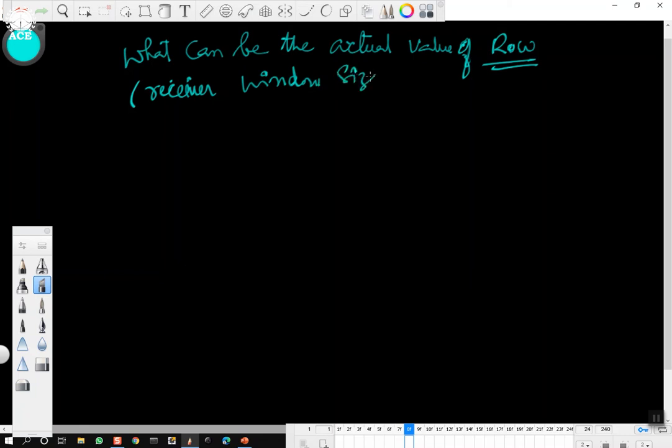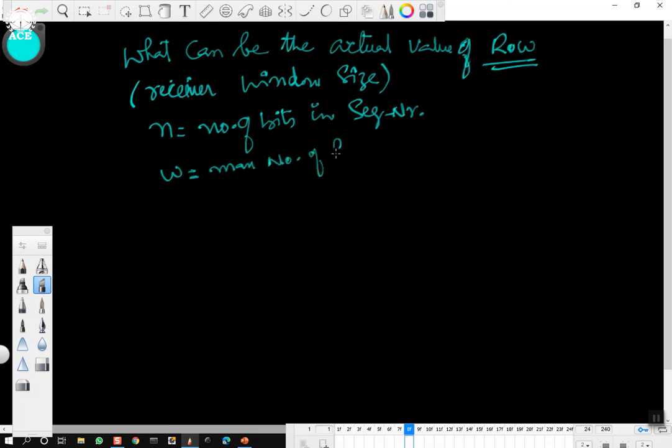Imagine n is the number of bits in the sequence number, and W is the maximum number of frames that can fit in the pipeline. We have already calculated this using the bandwidth delay product, BD.